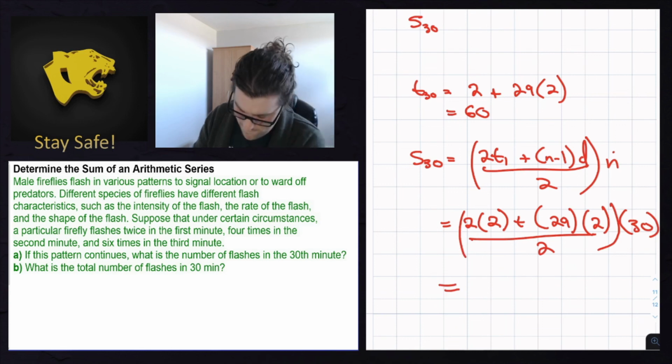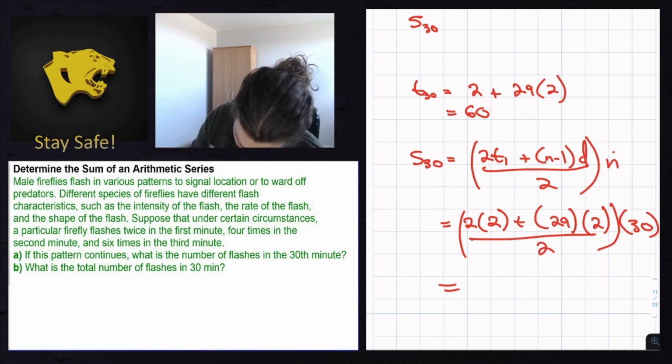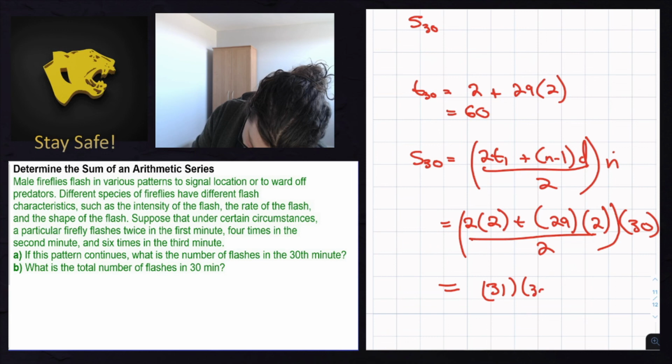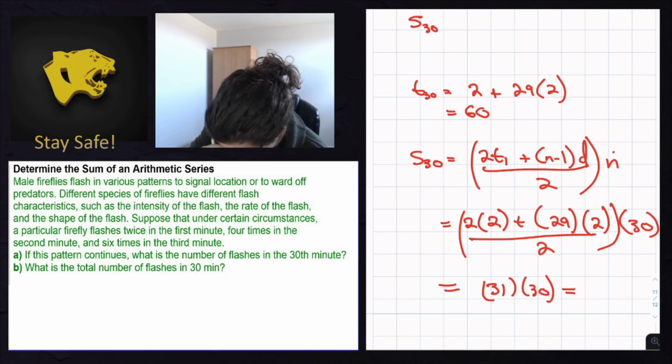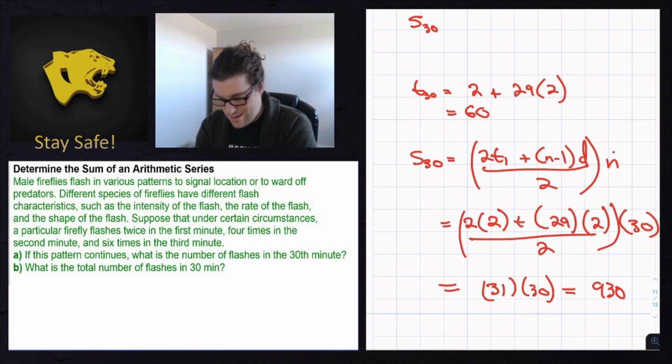So we get 4 plus 58. So that's 62 divided by 2 is 31, and times 30 is equal to 930. So we flash 930 total times in the 30 minutes.